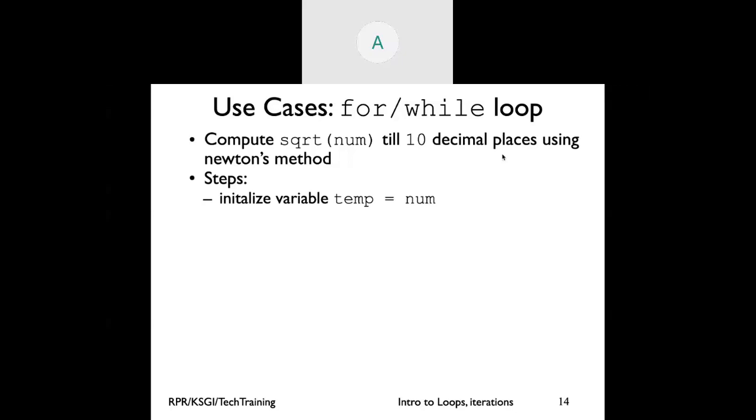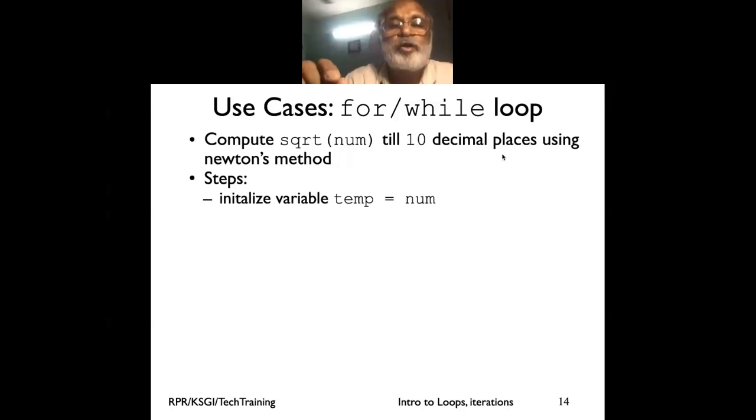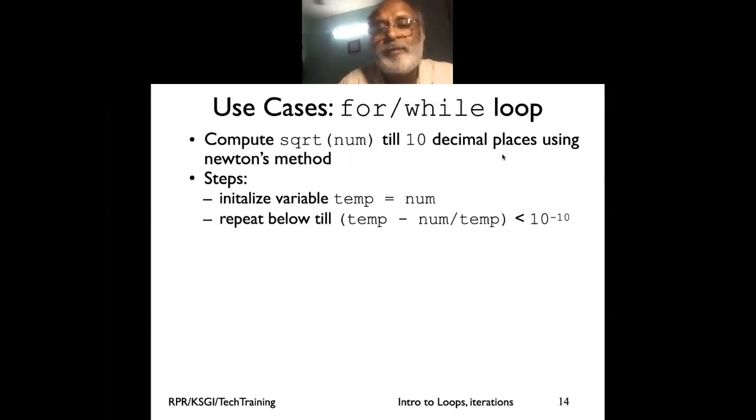So the simple formula: let's say I want to compute the square root of some value called num, up to 10 decimal places. I take some value temp, and check whether temp minus num upon temp is less than 10 raised to power minus 10, which means 10 decimal places.